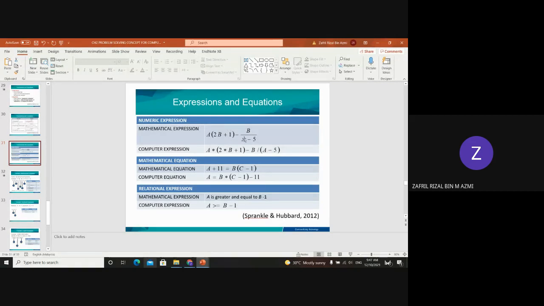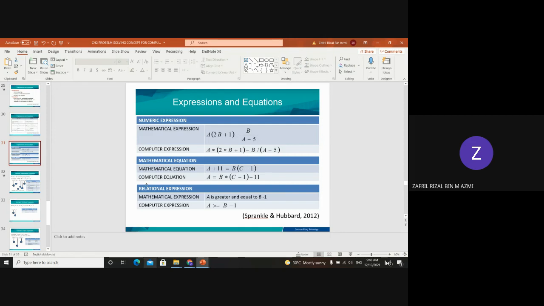The original says A should be minus 5 first, so put it in bracket. These skills need to be mastered by you, because you are the one who designs the program. You should be able to use the appropriate computer expression or computer equation.